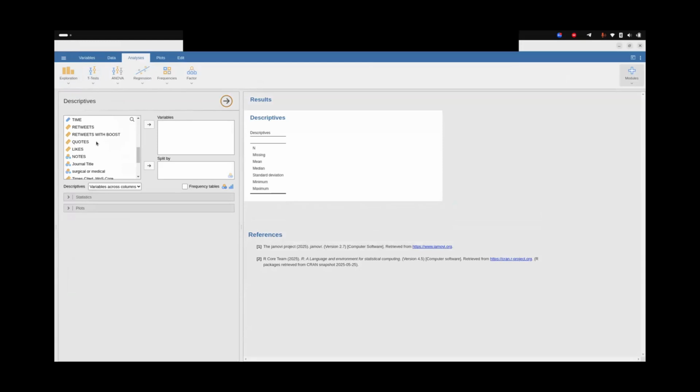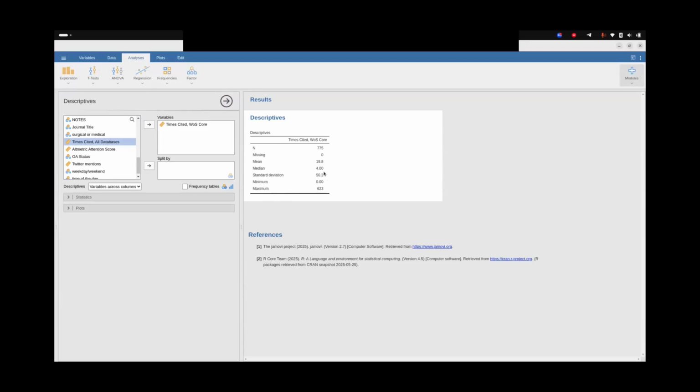Let's say that we want to check, for example, times cited, so how many times a paper has been cited across all platforms. We'll tick that there as a variable, and Jamovi immediately gives you a little bit of information. This is telling us that the mean is much higher than the median. It already suggests that the distribution is skewed.